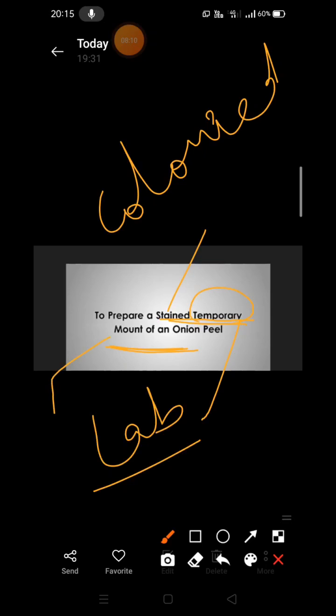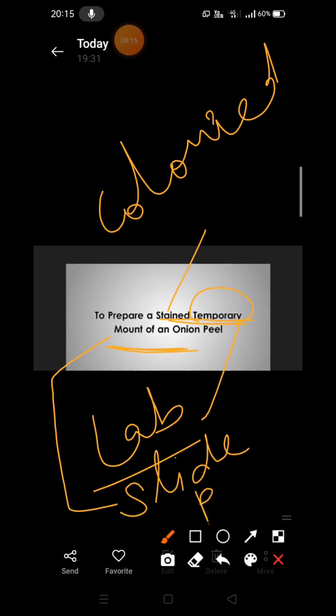And mount means slide preparation. So when the slide is temporarily prepared in the lab by using coloring materials, this is known as a stained temporary mount, and we will prepare the slide of onion peel.